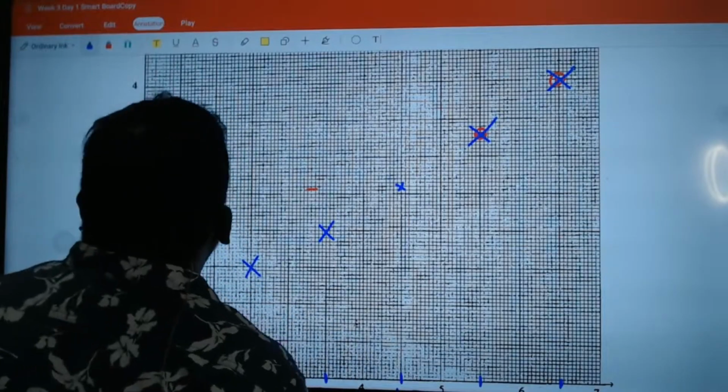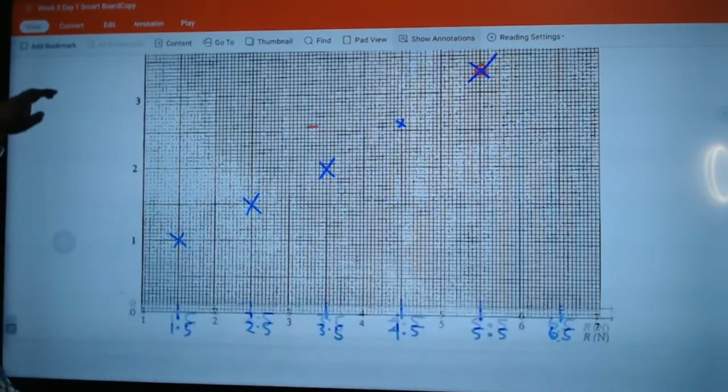Right, okay. Everything is marked. Then what?